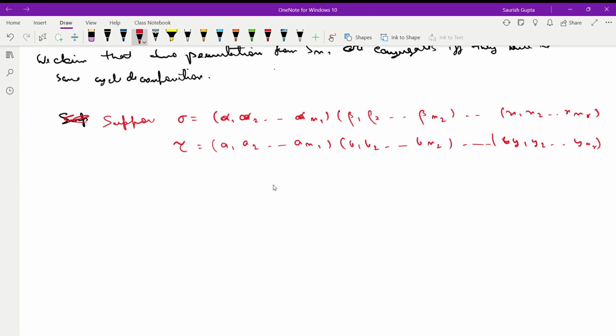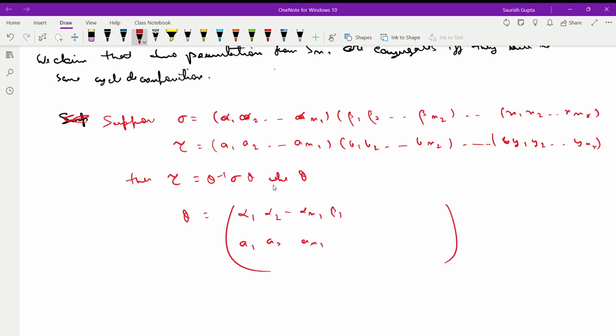Clear? Then clearly I can write tau as theta inverse sigma theta. How should I represent theta? I should just map the corresponding elements. So theta is the permutation which maps alpha 1 to a1, alpha 2 to a2, till alpha n1 to an1.